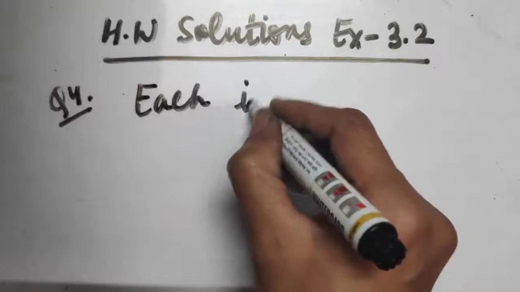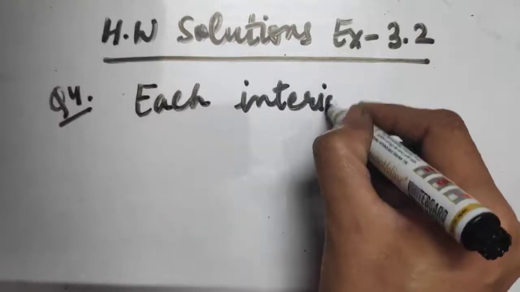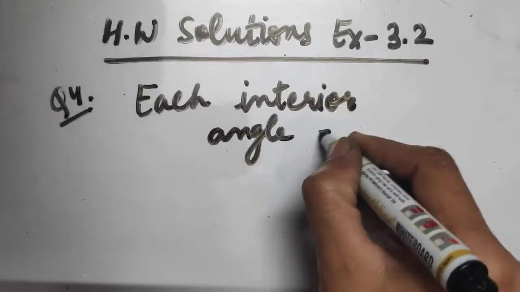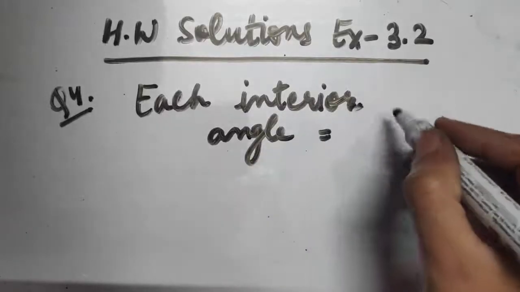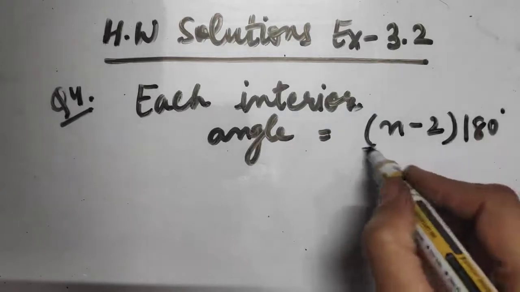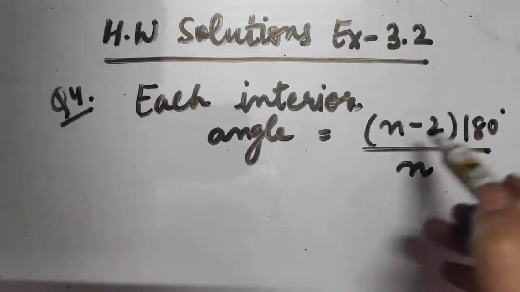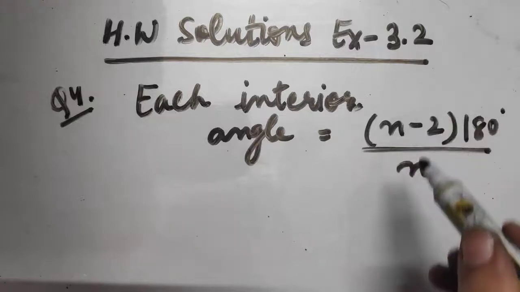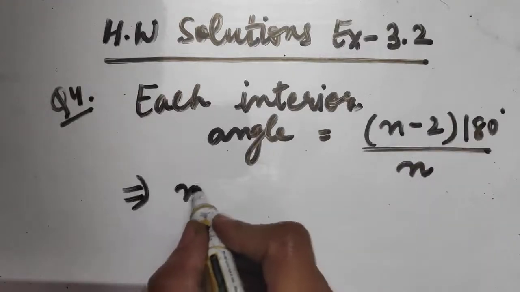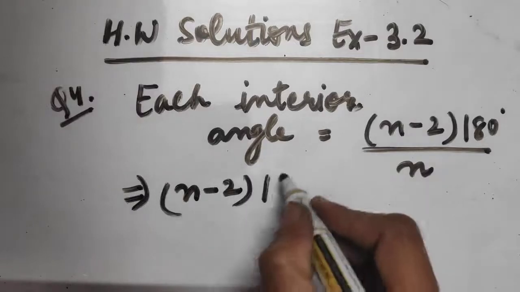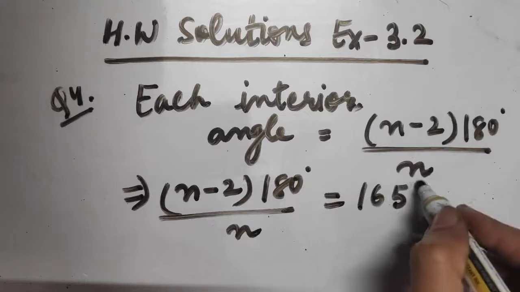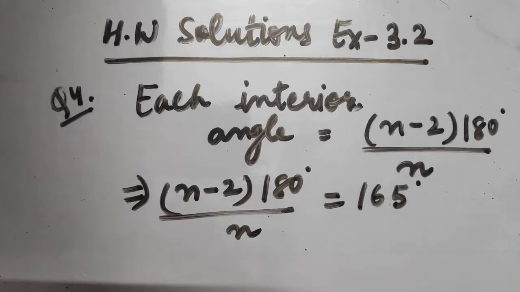Each interior angle formula is equal to n minus 2 into 180 degrees divided by n, and so this is equal to 165 degrees. So I will be solving it. N minus 2 into 180 degrees divided by n is equal to 165 degrees. This is given to us in the question.